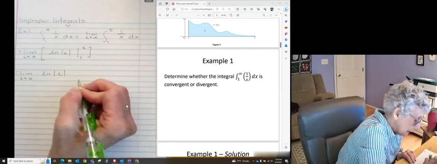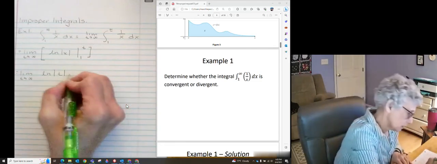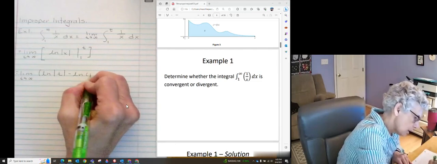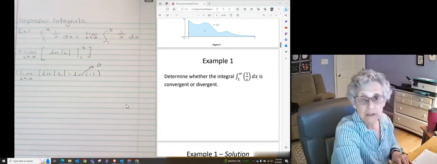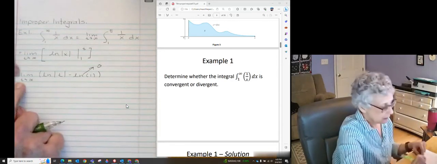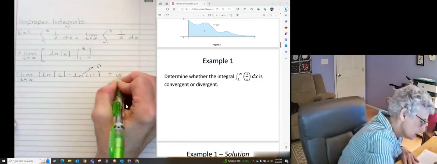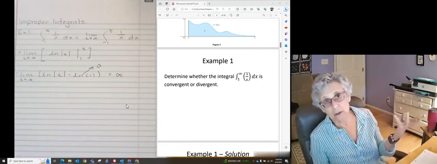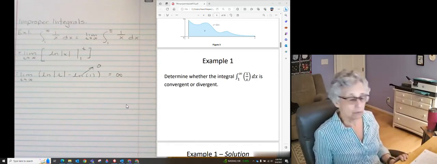Don't really need the absolute value because you know t is getting bigger and bigger, it's positive. Minus the natural log of 1, but I know that's 0, so I'm just looking at the limit as t approaches infinity of the natural log of t, and that's infinity. Natural log grows slowly, but it does continue to grow forever and ever and ever.